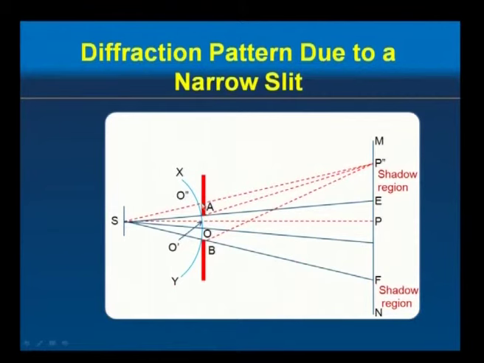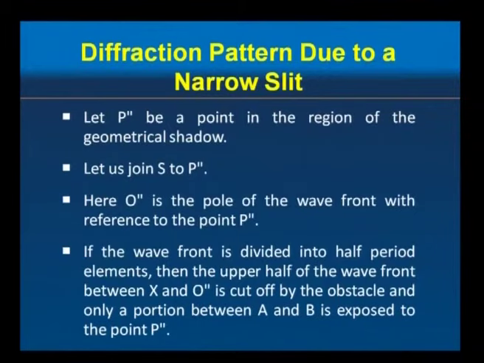The second half period strip also may be obstructed. You look at the third half period strip, it may be like this. Only the bottom portion of the third half period strip alone will be giving rise to intensity. Then again, for the fourth half period strip also, only the bottom may be giving rise to the displacement or intensity at the point P double prime. These things we will see in the time to come.